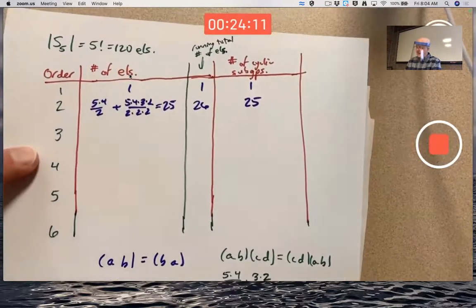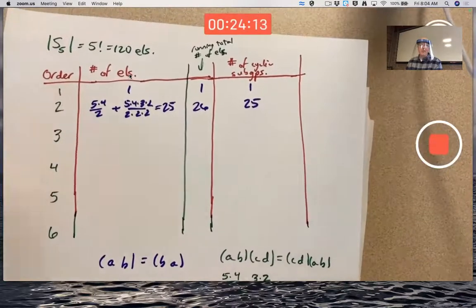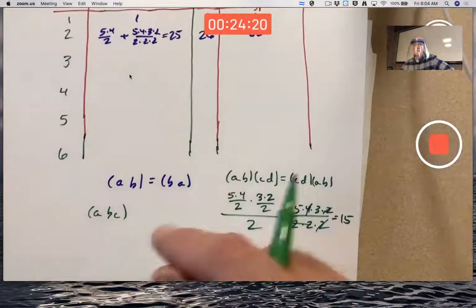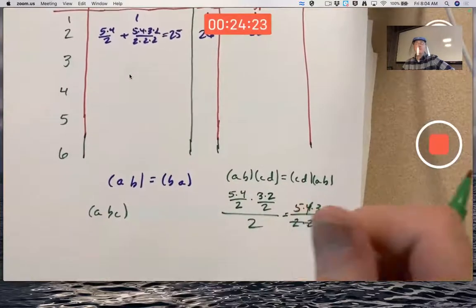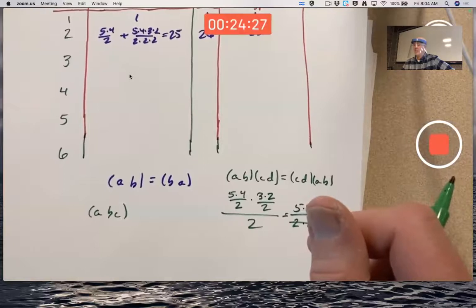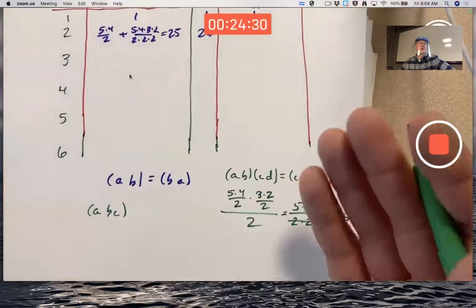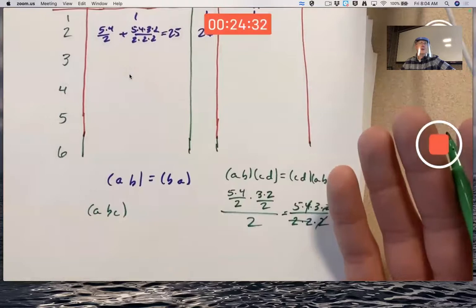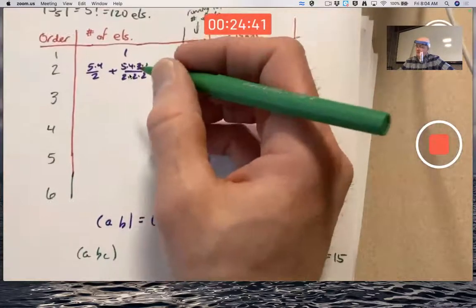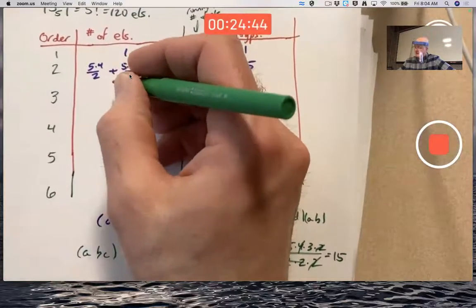Elements of order 3 would have to be 3-cycles and nothing else, because if you multiply it by a disjoint 2-cycle, it would no longer have order 3. If you multiply by a 1-cycle, well, 1-cycles keep things fixed, so that really doesn't do anything. This one's actually a little easier to think about, but there's still a little bit of trickiness to it.